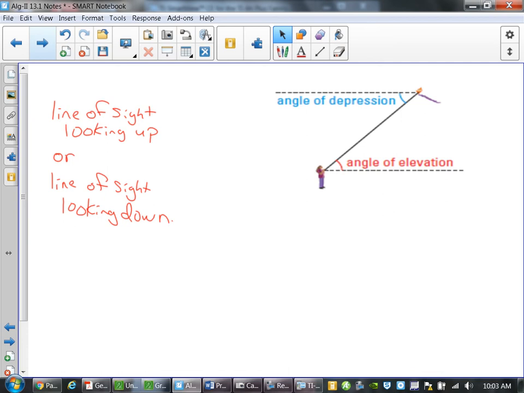Your line of sight, if I'm looking across to the whiteboard here, my line of sight is parallel to the floor. If I'm looking up to the corner, my line of sight is looking up to that corner over there. But if I'm looking straight across, it's parallel to the ground. So it's from here up that I'm looking. Does that make a little bit of sense?